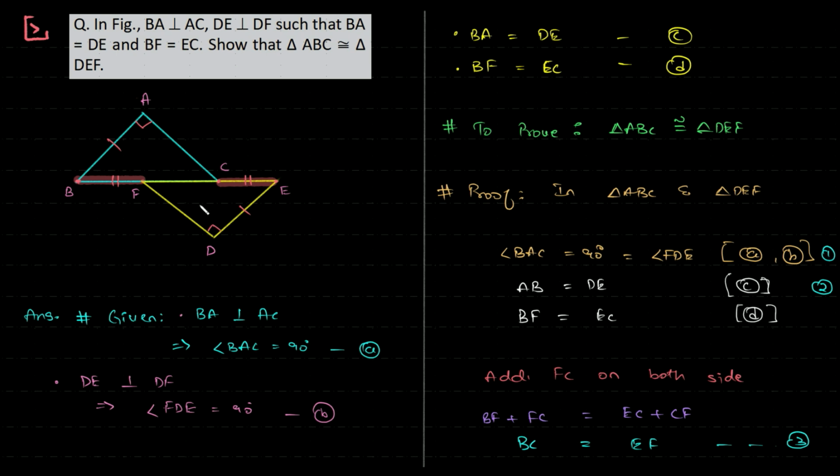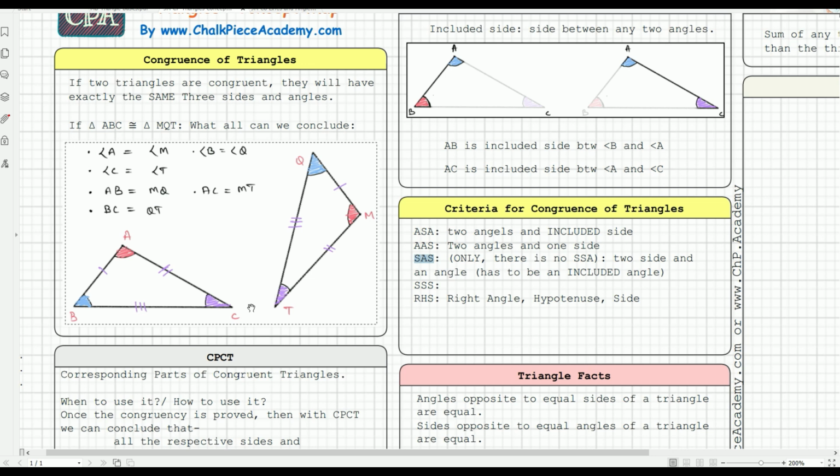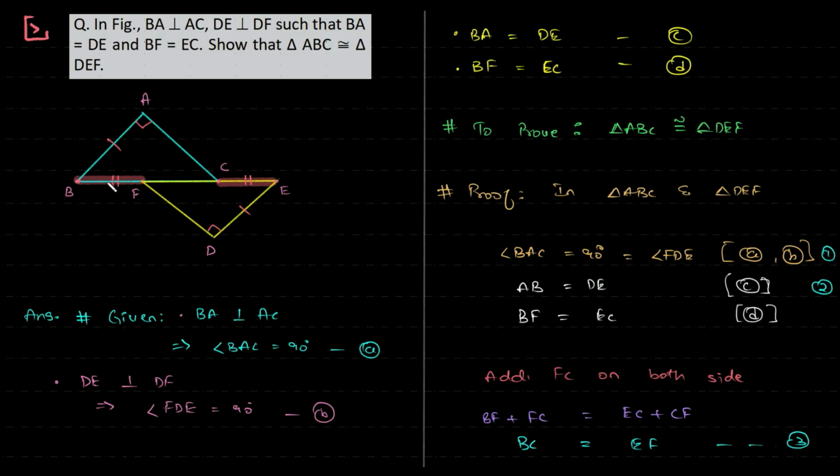That these two triangles are congruent. With respect to what congruency? Is it SSA? Which criterion are we looking at? Yes, we are looking at RHS: right angle, hypotenuse and a side. We have a 90 degree angle, this is your hypotenuse, and a side.